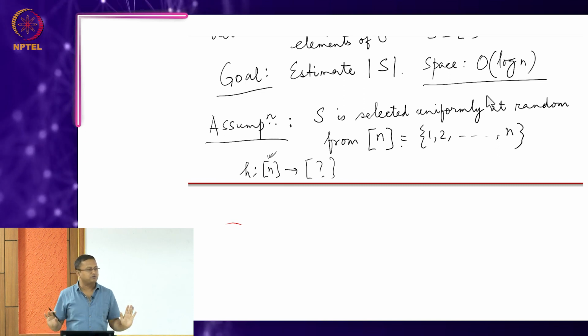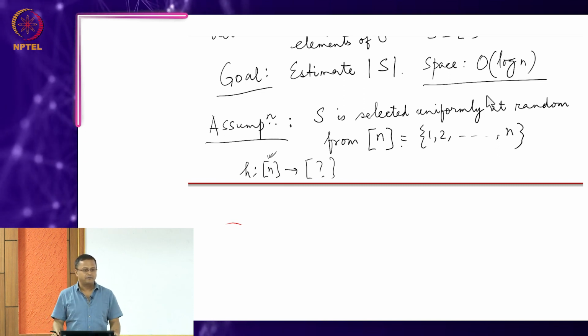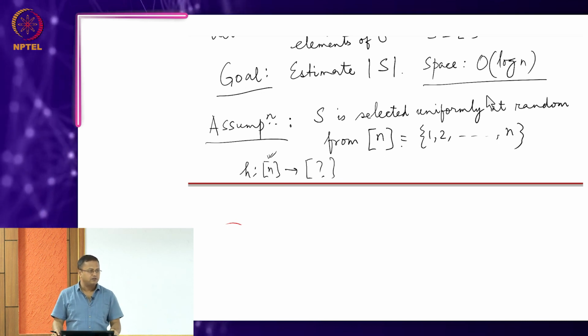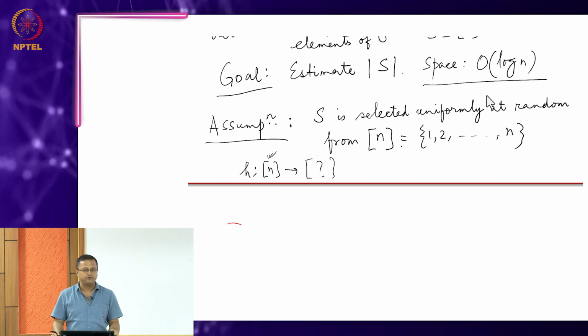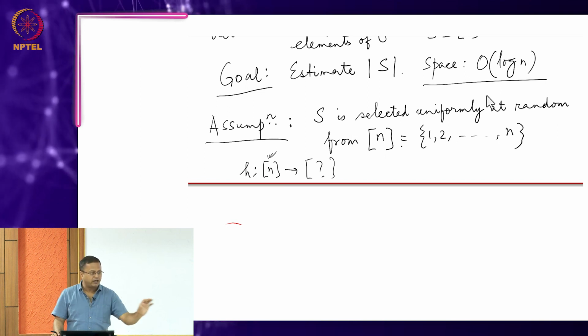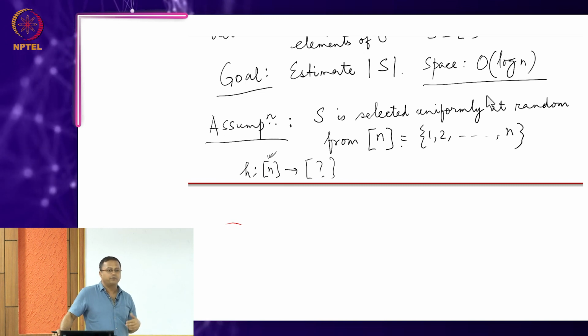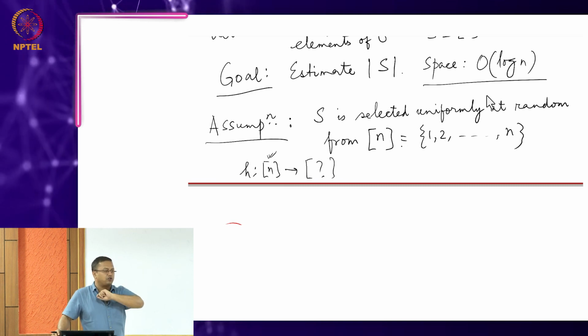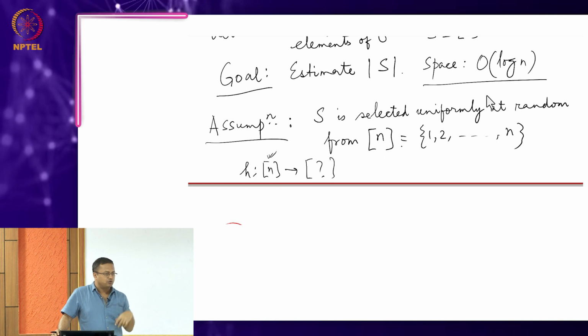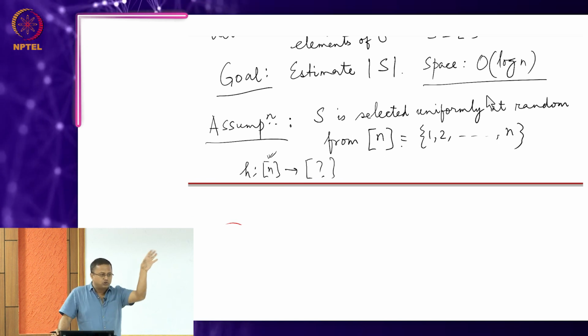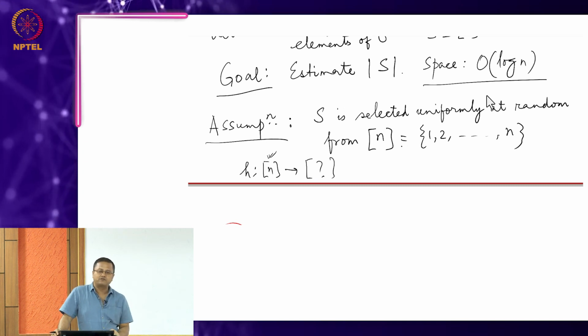So, now my algorithm is pretty simple. As the stream comes, I just store this hash function. What kind of hash function we will see in the afternoon. Venkatesh has possibly talked about how storing a hash function means storing certain coefficients of a polynomial. So, you just store those coefficients of a polynomial randomly chosen from a universe.